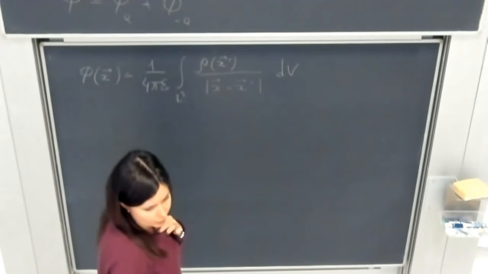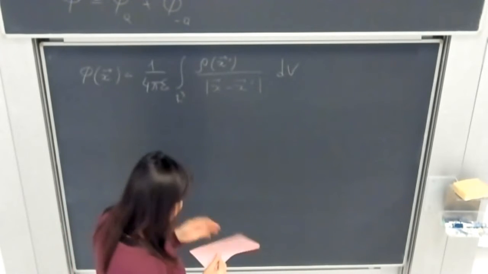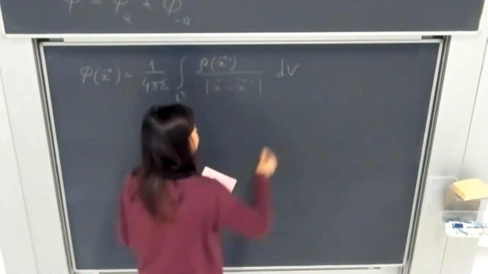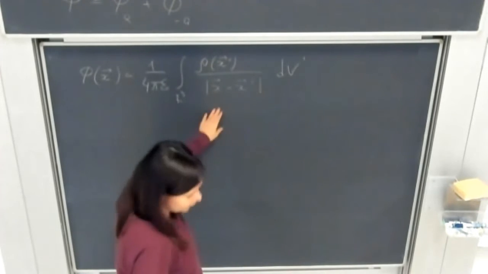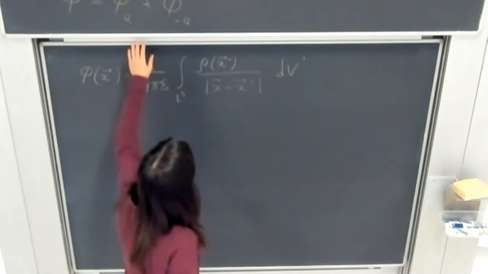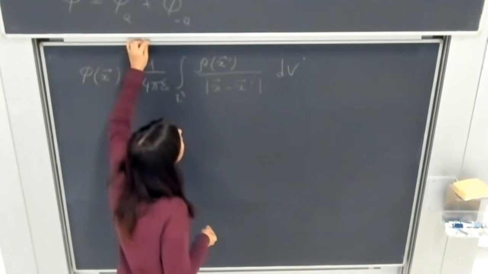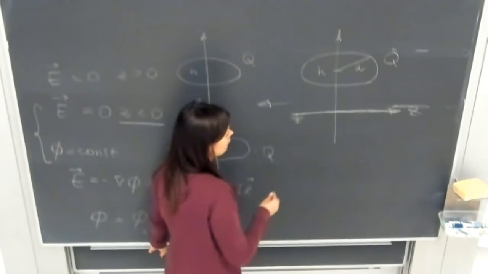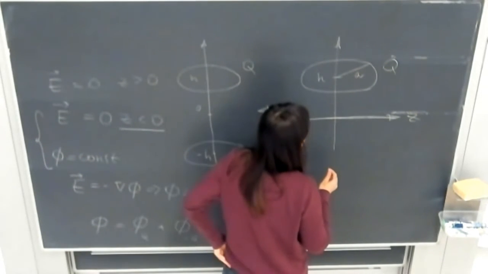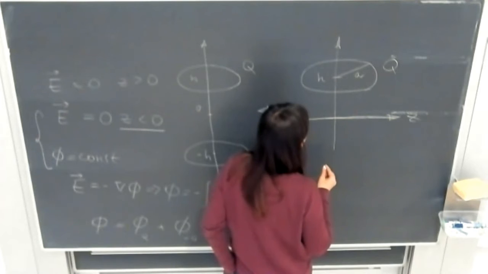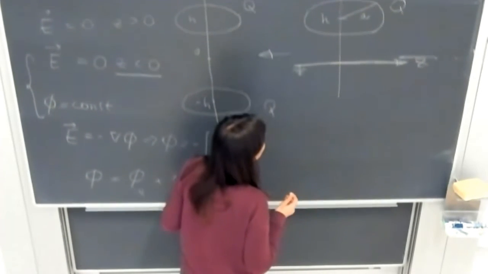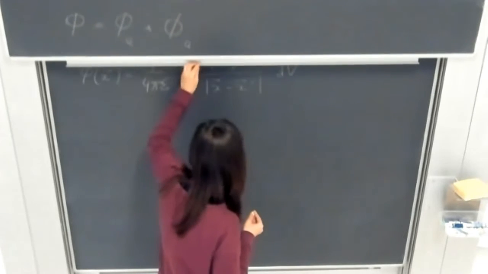So first, the charge density in the volume, and let's define the x and x prime. Let's use a cylindrical system of coordinates.